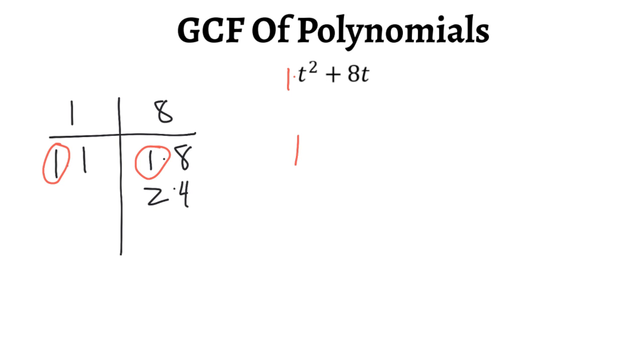The variable, similarly, they both have a t. This is a t squared, and this one has a t. Both terms share a t. So my common factor here is 1t. If I want to do the columns, I can do that as well if you'd like to organize it. I have a t squared, and I have a t.